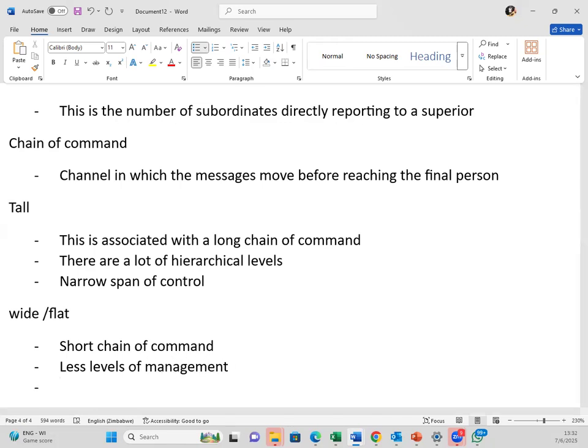Besides that, there is a wide span of control. The manager manages a lot of people and gets responses from a lot of people. These are characteristics of a wide organizational structure.